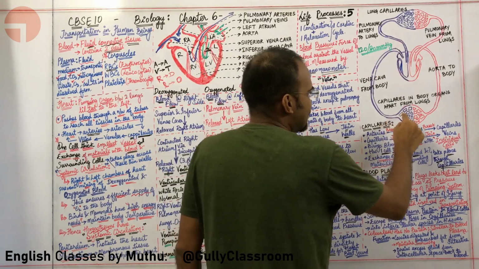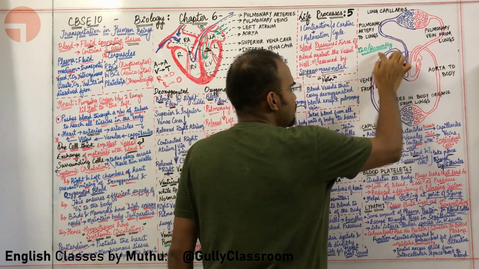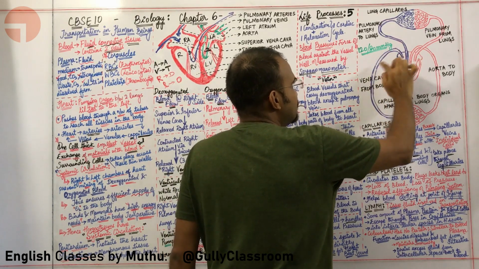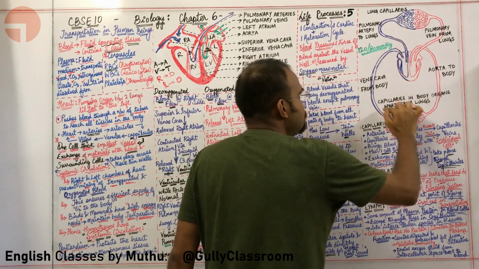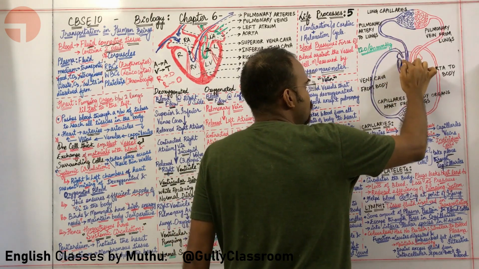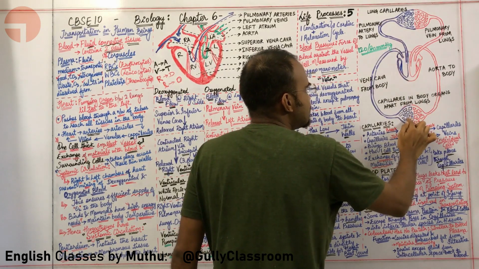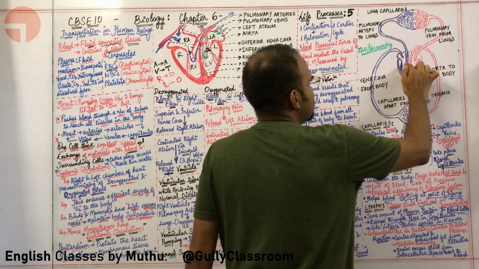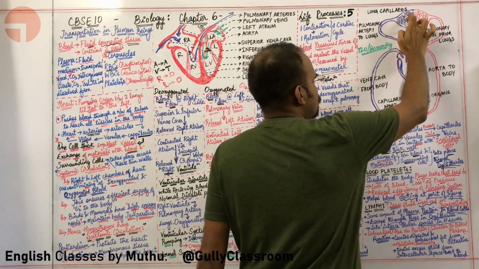Look here, the deoxygenated blood from the body is coming to the heart. This deoxygenated blood, which is given in blue color, is coming to the heart from the capillaries in the body. This deoxygenated blood is sent through the pulmonary artery to the lungs.